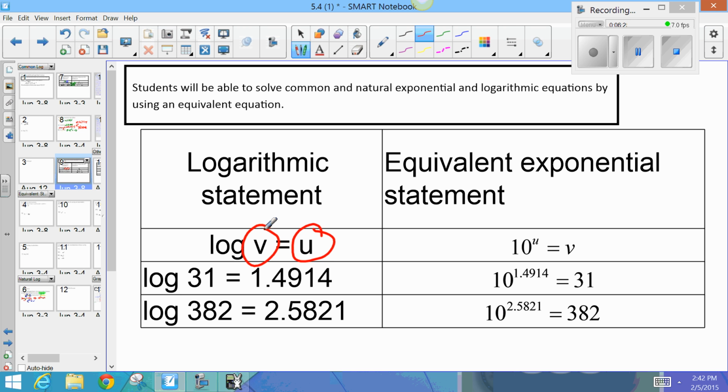Common log has a base of 10. So the log of 31 equals 1.4914 has an equivalent statement. The base is 10, the exponent is this number, and then this number is what it's equal to. So you're just flipping those two things around. Make sure you have those examples in your notes.